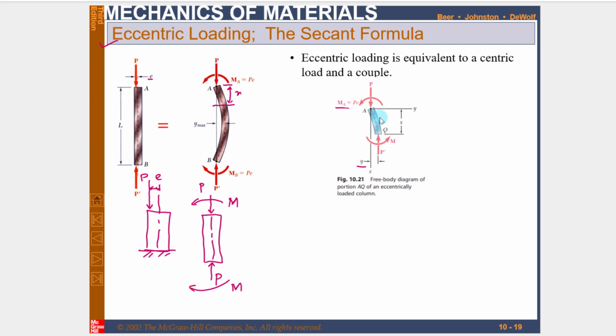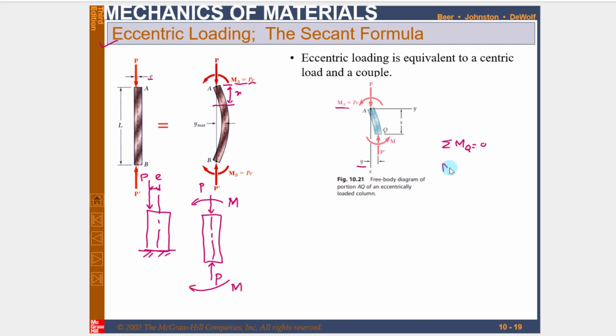If you want to analyze it, the sum of all moments about point Q is equal to 0. Here one moment is due to the eccentric load, and this moment will be equal to P into E, because P is the load and E is the perpendicular distance. So that is M_A, and M_A is equal to PE.